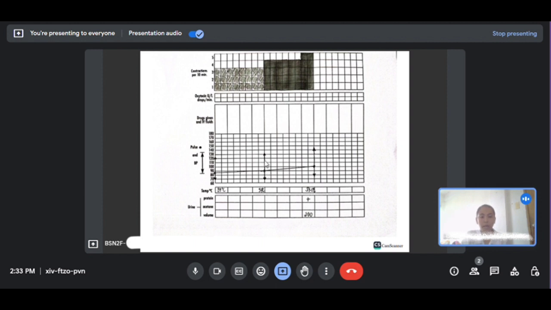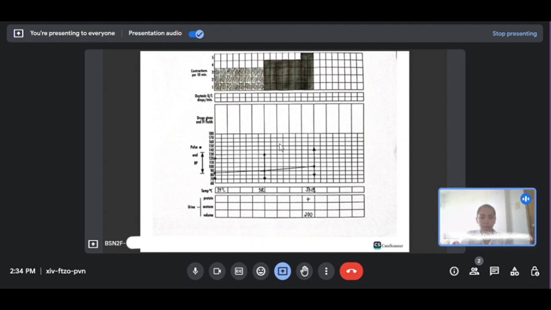For the blood pressure, 130 to 70, which is elevated, and for the temperature 37 degrees Celsius, which is normal. For the pulse rate after 4 hours, it increases from 90 to 100, which is also normal.